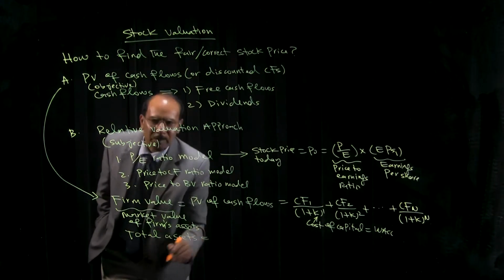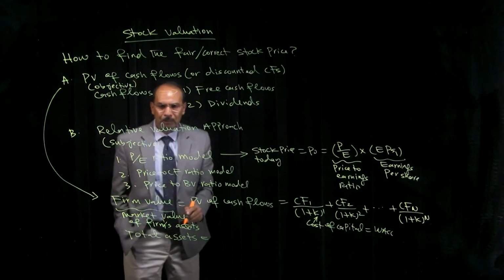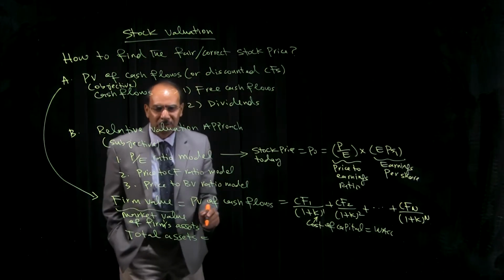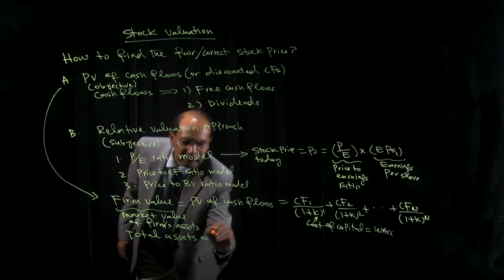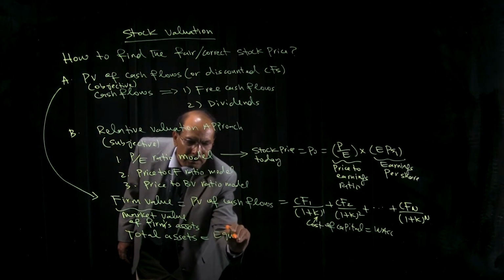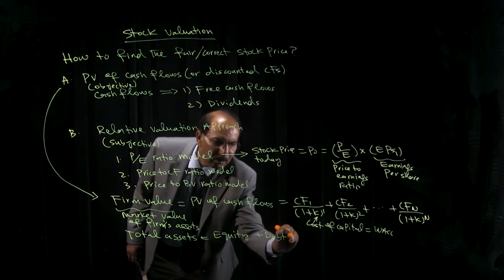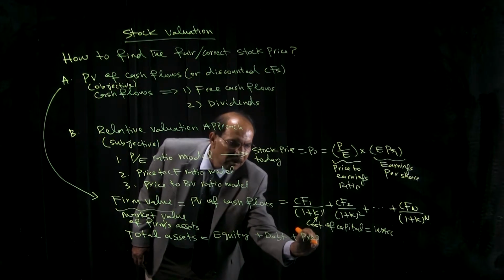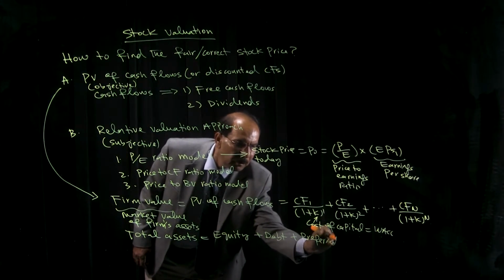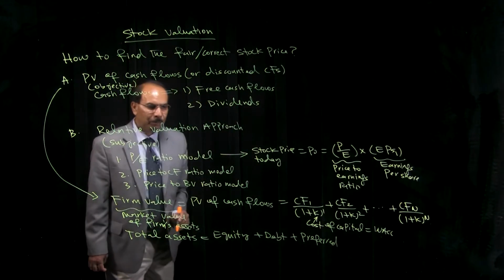And you should know from the basic balance sheet identity of the firm that the total assets are going to be equal to equity plus debt plus the preferred stock.